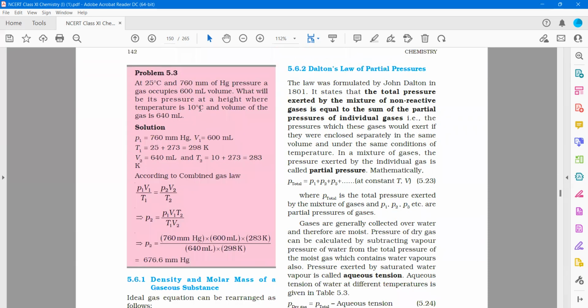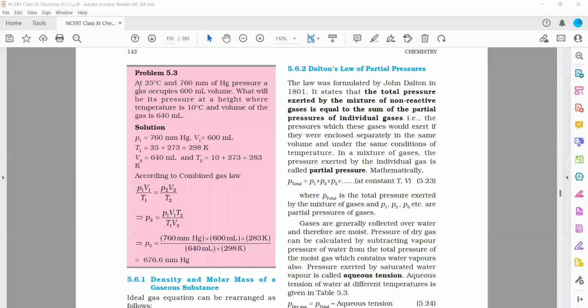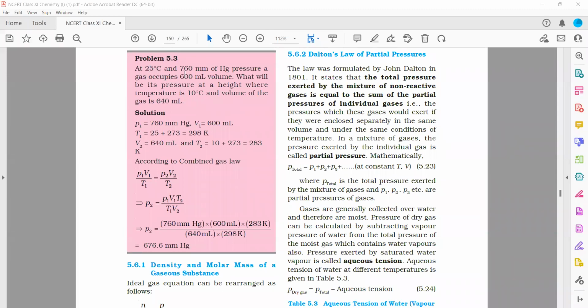Now we will be solving problem number 5.3 based on this. At 25 degrees centigrade and 760 mm of Hg pressure, a gas occupies 600 milliliter volume. What will be its pressure at a temperature T2 of 10 degrees centigrade and V2 of 640 milliliter? So P2 is not given.